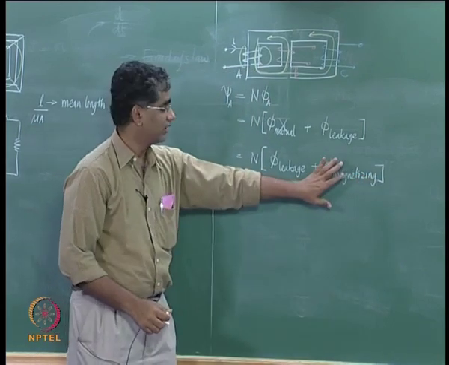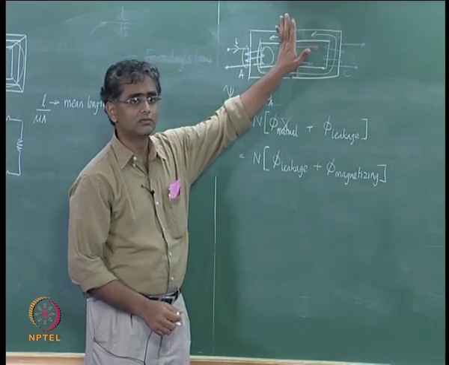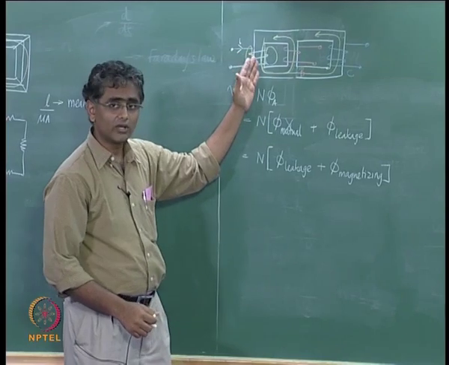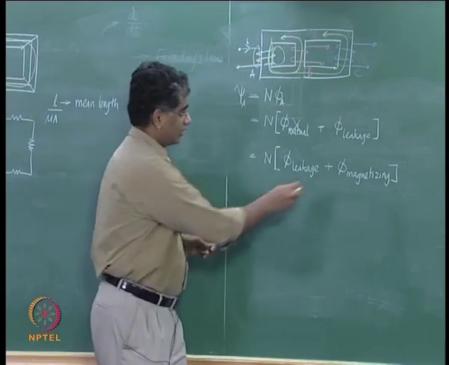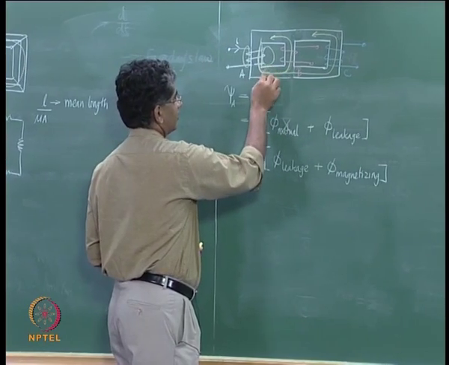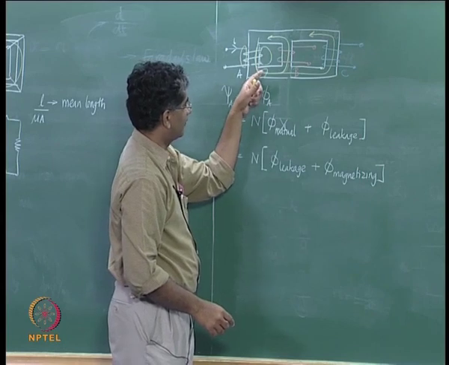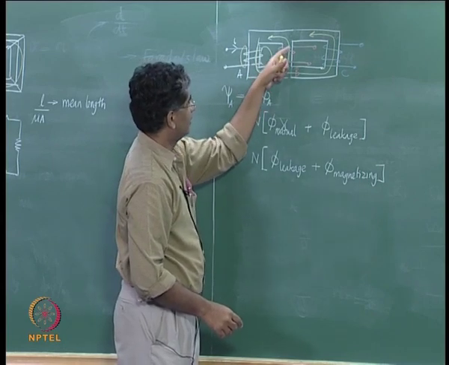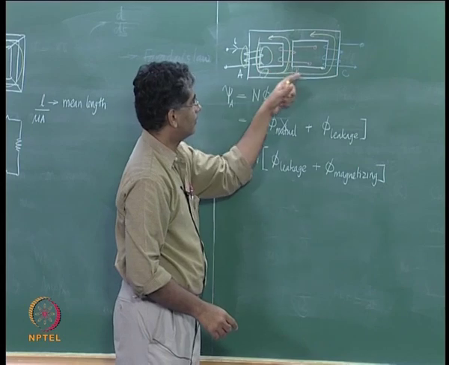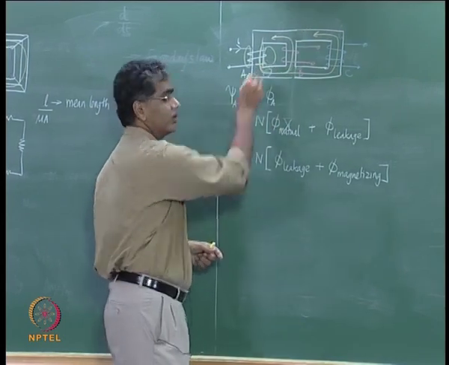This flux is the flux that links everything else apart from A. So this flux would then be all the flux that goes here. Out of this flux there are a few lines that link here, a few lines go there, but leakage links only this.